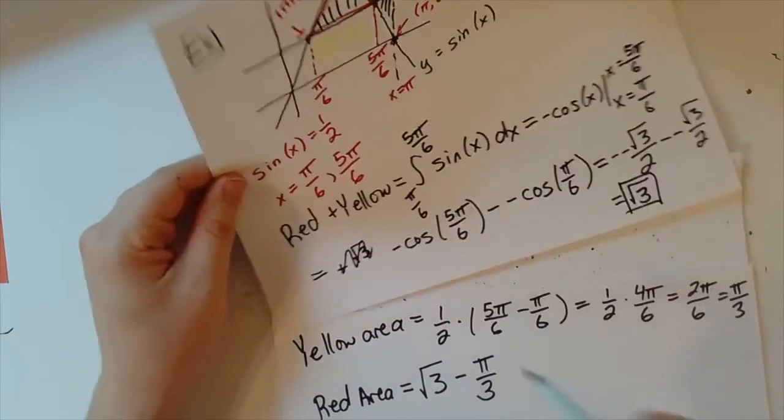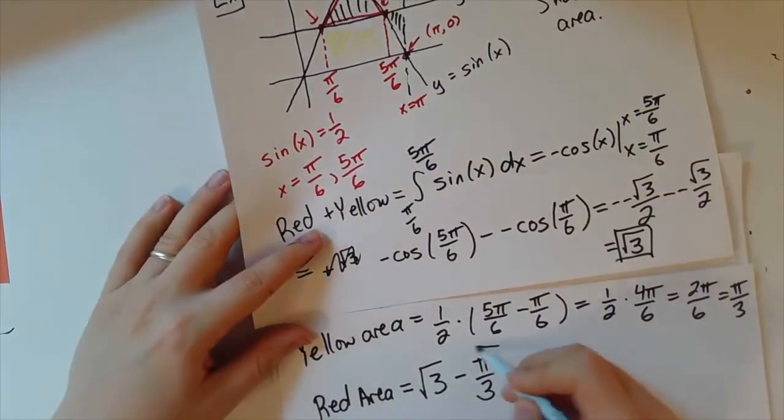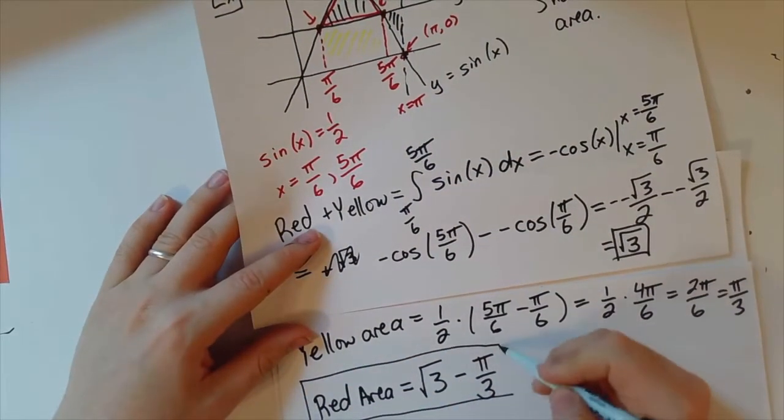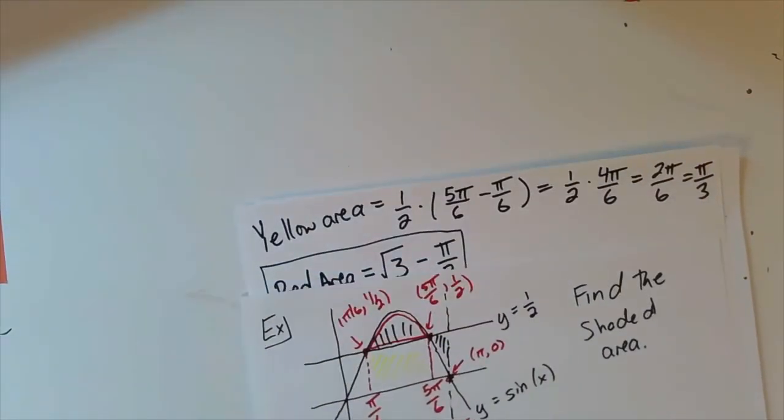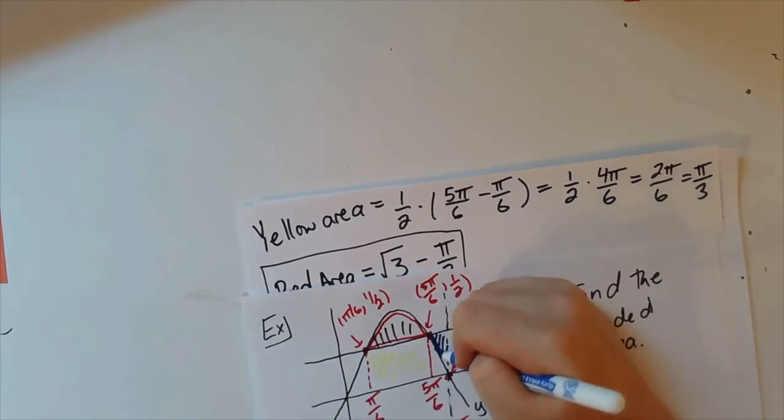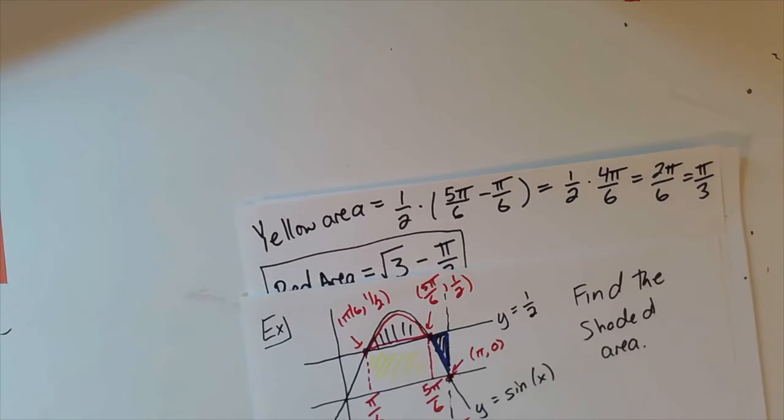Okay, so that is part of our answer. That is one of the two shaded pieces. Now I want to focus on the other shaded piece. The other shaded piece, which I'll shade in blue, it's going to be this wedge over here.